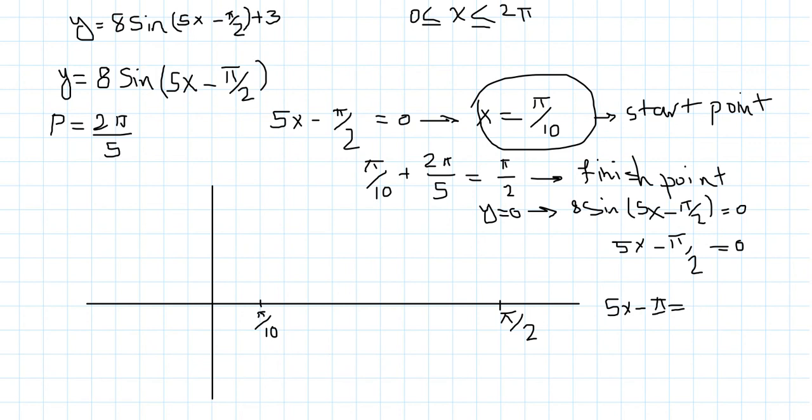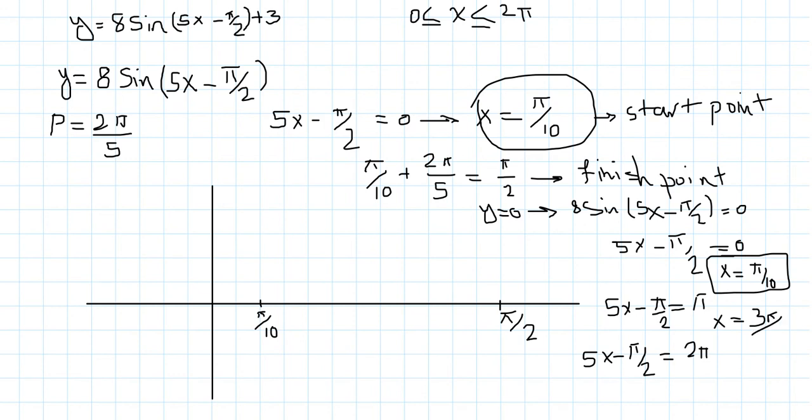And one time the bracket 5x minus pi over 2 is equal to 2 pi, because my x is between 0 and 2 pi. So easily I can find here x is equal to pi over 10. I have an intersection with the x-axis, and here x is 3 pi over 10.